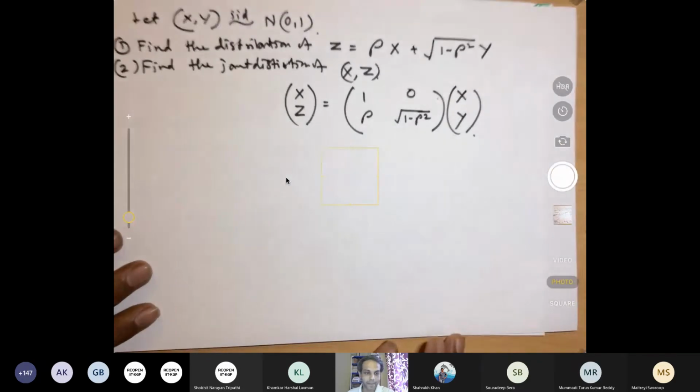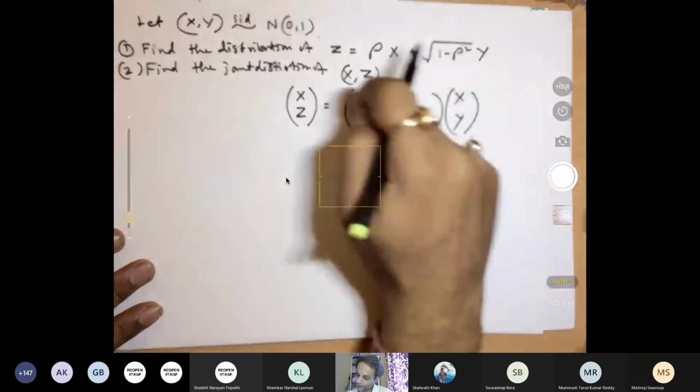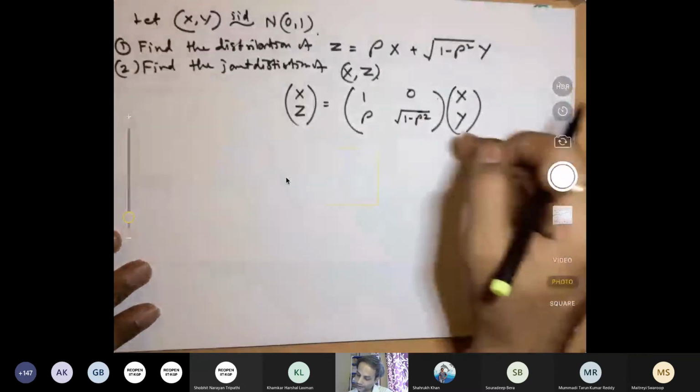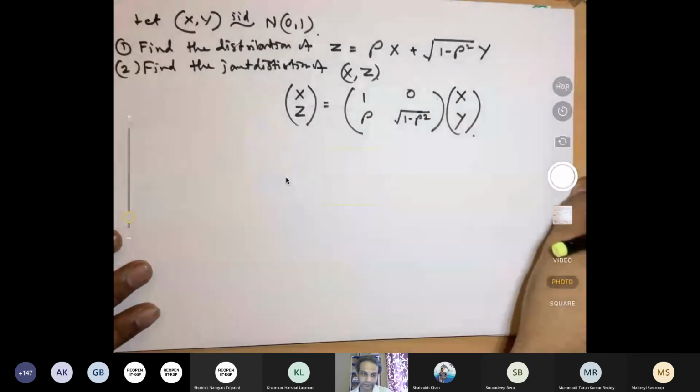Can you write it? This and this will give you x. This and this will give you z.